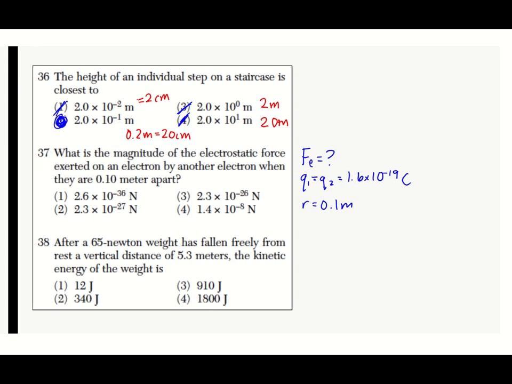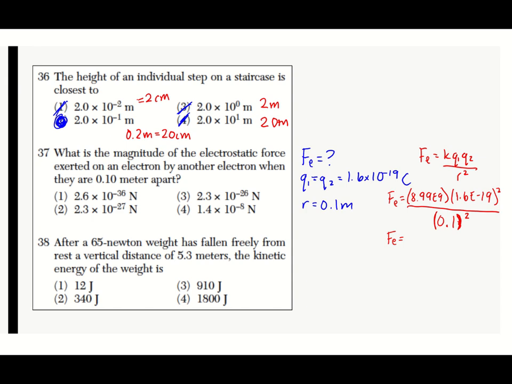Now pause for a moment so you can figure out which equation you're going to need. There's only one equation that fits all of these things together, and I'm going to pause it here. Okay, so I gave you the equation, I gave you the substitutions. K is a constant that you could also find on the front of the reference table, right here with this value. Q1 and Q2 are multiplied together, and since they're the same value, I just squared it, and then R is 0.1 meters on the bottom.